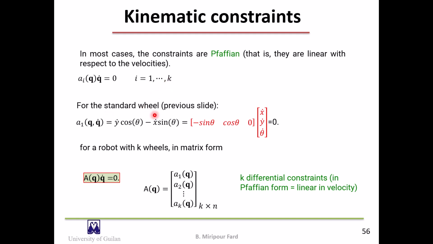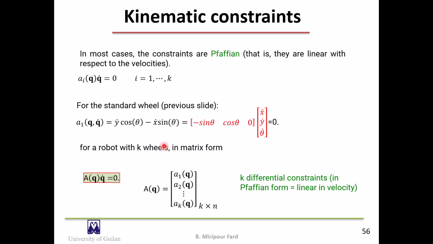For the standard wheel, we have seen in the previous slide, we can write the constraint as a1 of q and q dot equals y dot times cosine of theta minus x dot times sine of theta equals this matrix times the generalized velocities equals 0.